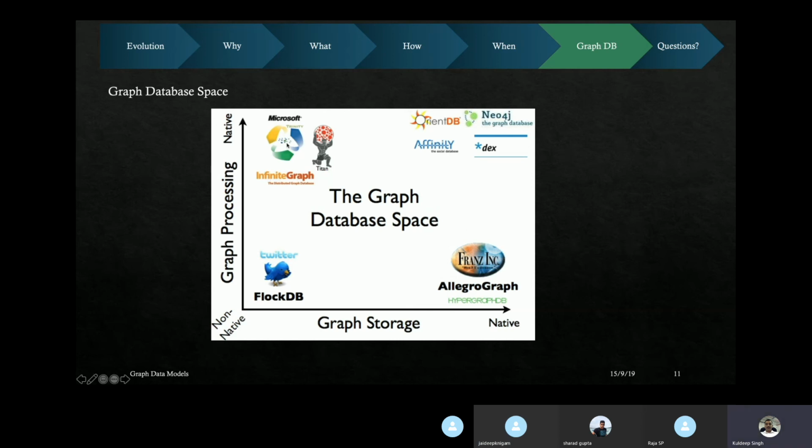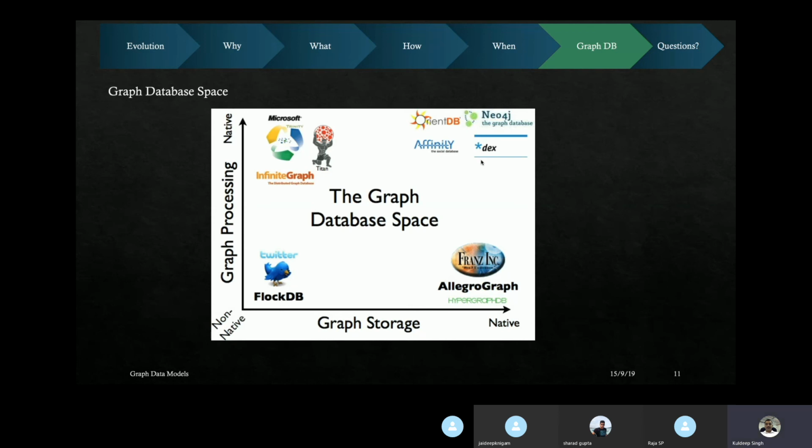Microsoft Trinity, Titan, InfiniteGraph, they don't store in a native graph storage. They store in some different way, but they provide graph processing capabilities over what they have stored. Neo4j, Affinity, OrientDB are the databases that store in a graph format and obviously give the graph processing capability on top of that.